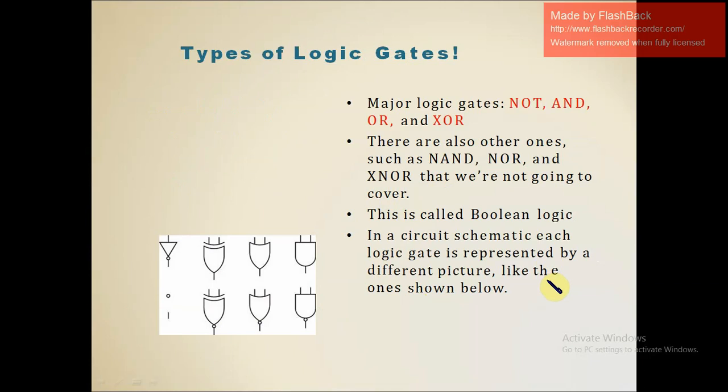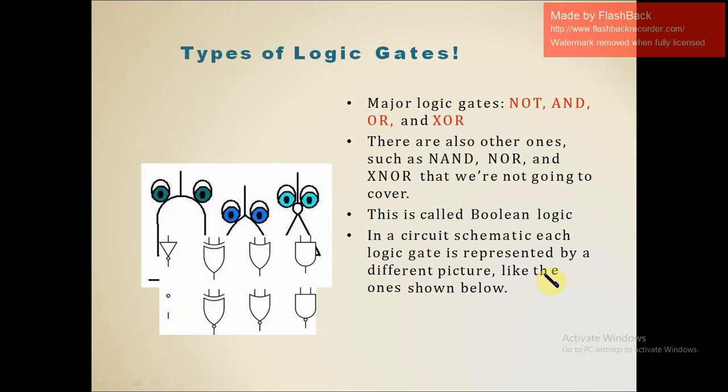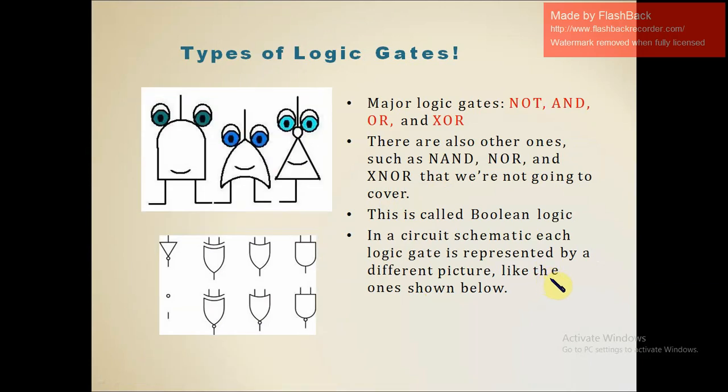Types of logic gates: basically we said the basic logic gates are AND, OR and NOT, but here the major logic gates we are using are NOT, AND, OR, and XOR. There are also other ones such as NAND, NOR, and XNOR. We will cover those.